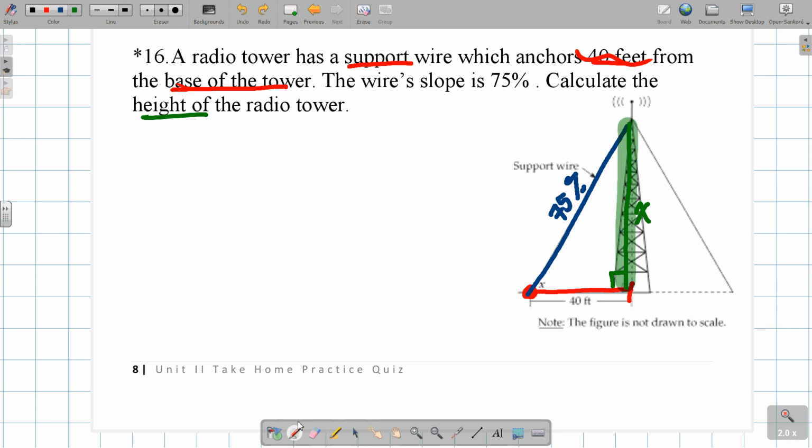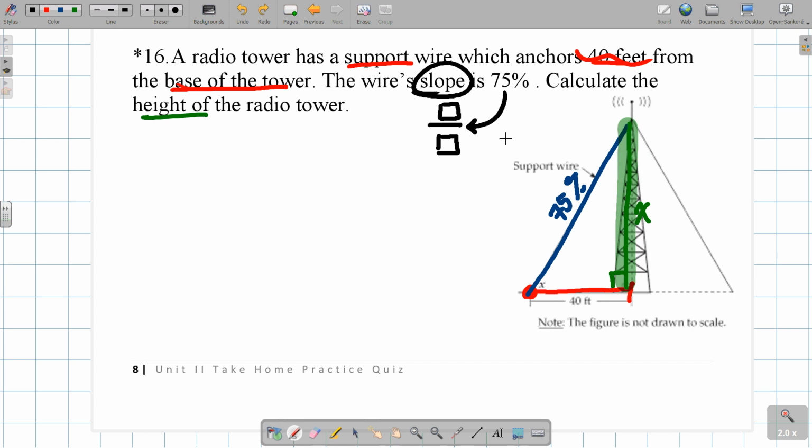The most important thing here is to know 2 things. Slope is always a fraction. So that 75% at some point needs to be translated to a fraction.